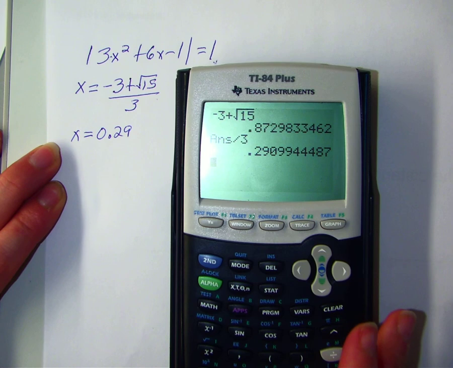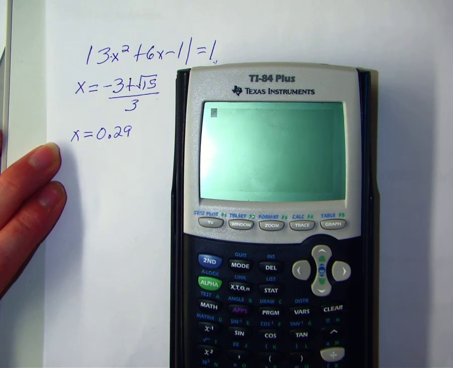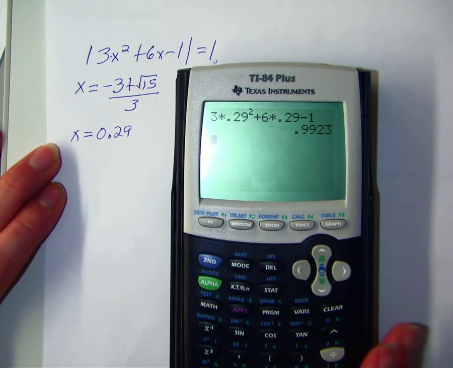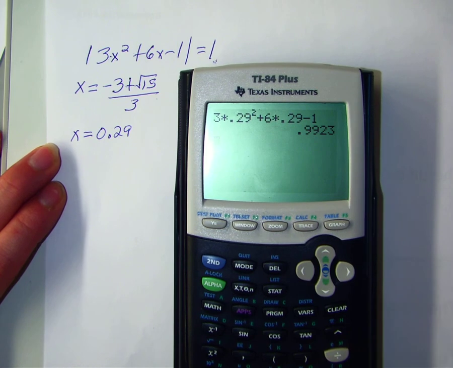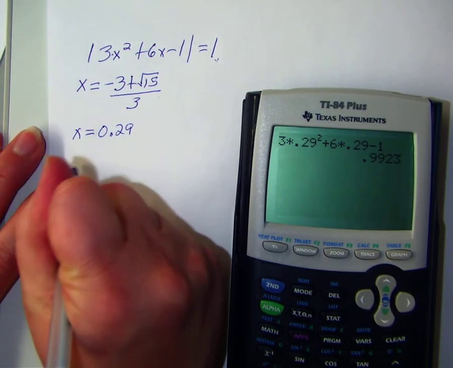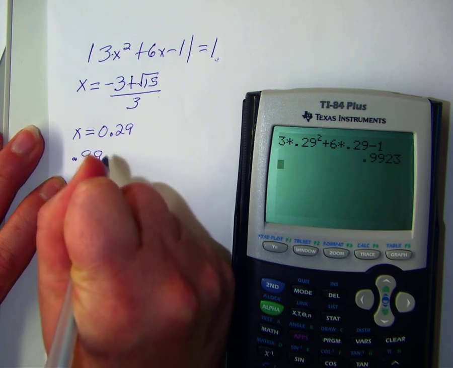And now I am going to substitute that into the left-hand side of the equation. I have 3 times 0.29 squared plus 6 times 0.29 minus 1. Okay, so that gives me 0.9923. And I have to decide, well, is that equal to 1?